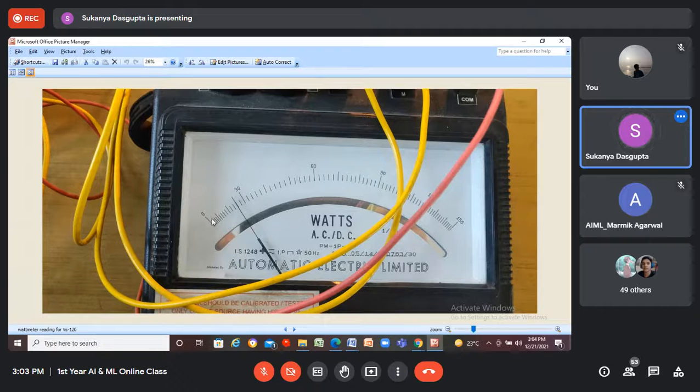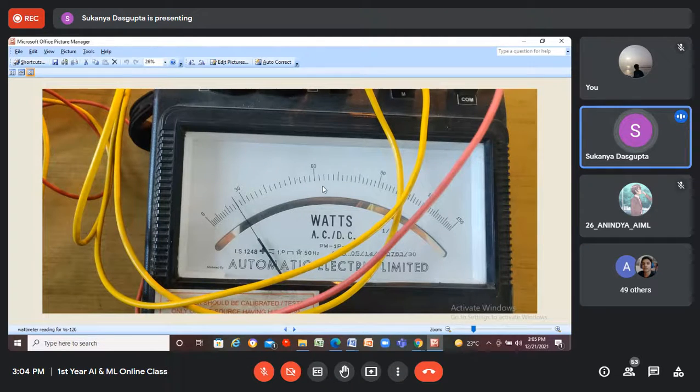Right, and the type of these divisions between the intervals is basically due to the construction of the meter, right? So we'll measure only based on the divisions in between the two bigger intervals, like in between 20 and 30 or 30 and 60, etc. We will not look into why the divisions are narrower at the beginning or why they are wider at the middle.